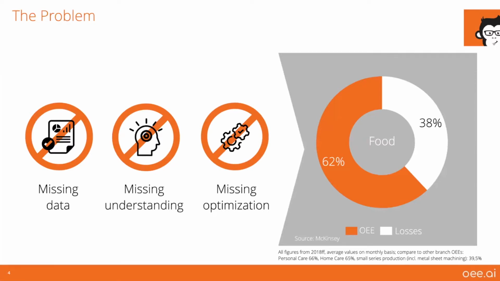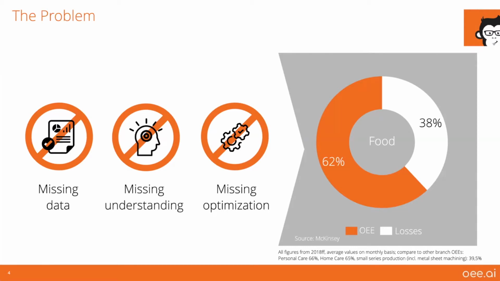What we experience is lots of companies do not have the right data. They know their output, they know how much the shift time is, but sometimes they even don't know how long the stoppages are, and they don't know when they occur. And if we come to performance losses, it's even harder to assess.